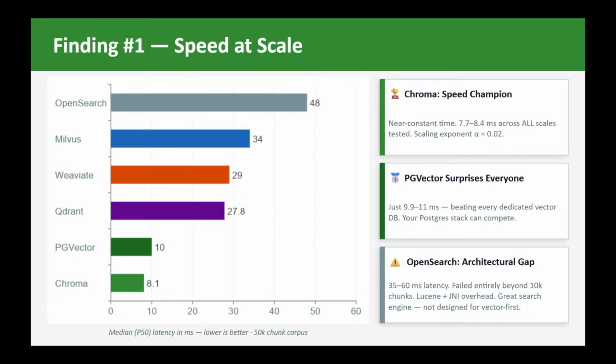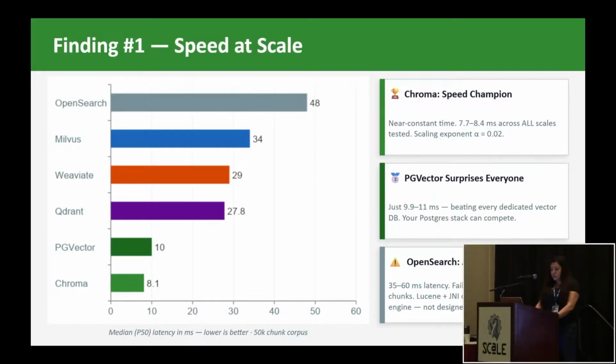Now, the root cause of that is architectural. OpenSearch is fundamentally a full-text search engine built on Lucene with vector search added as a plugin. It's an excellent search engine, just not designed for vector-first workloads.